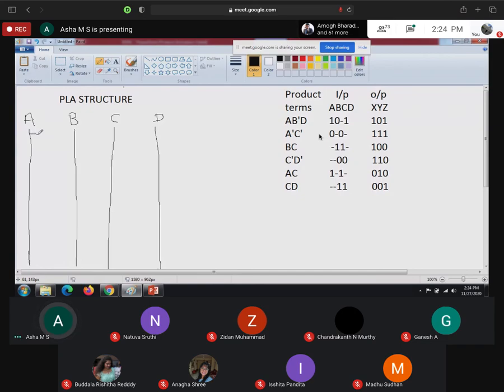How do we obtain A bar, B bar, C bar, D bar? By inserting a NOT gate, we will get A bar, B bar, C bar, D bar.